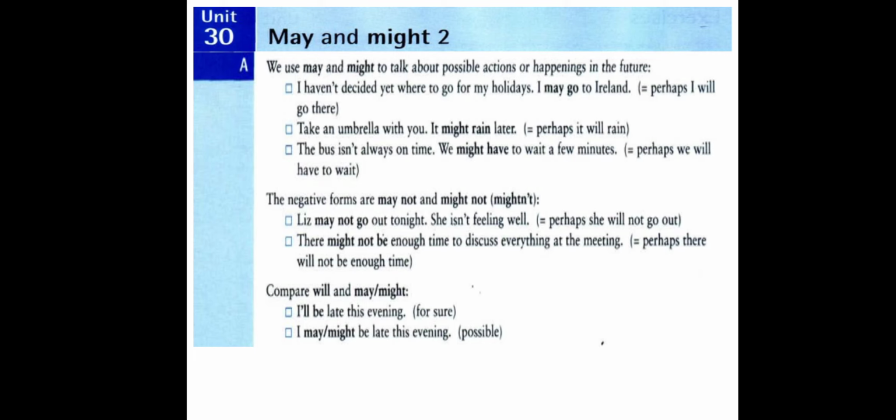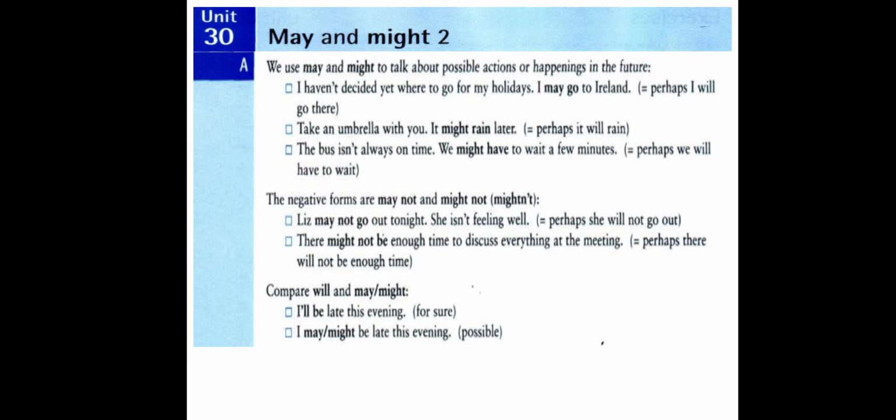For example, I haven't decided yet where to go for my holiday. I may go to Ireland. Here we have may plus base form, and we speak about the future. Perhaps I will go there. There is a possibility to go to Ireland in the future.